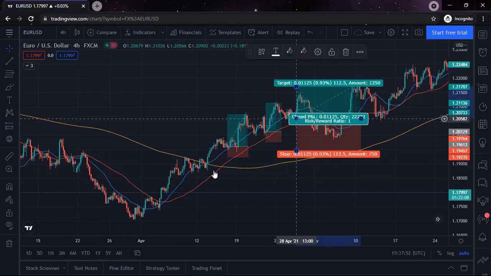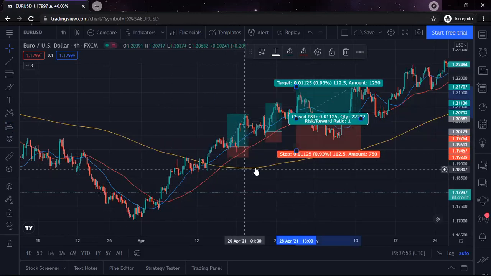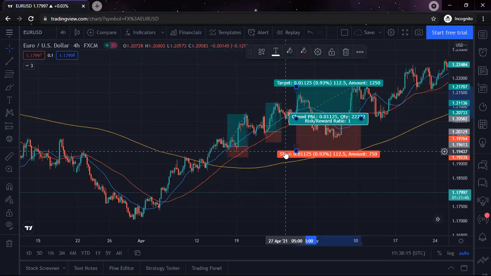When the 50 and then the 20 MA cross above the 200, we don't sell in that zone. We just look for buy opportunities when the 20 and 50 period moving averages cross above the 200. We look for only buy opportunities. We look for sell opportunities when the 50 and then the 20 moving average cross below.